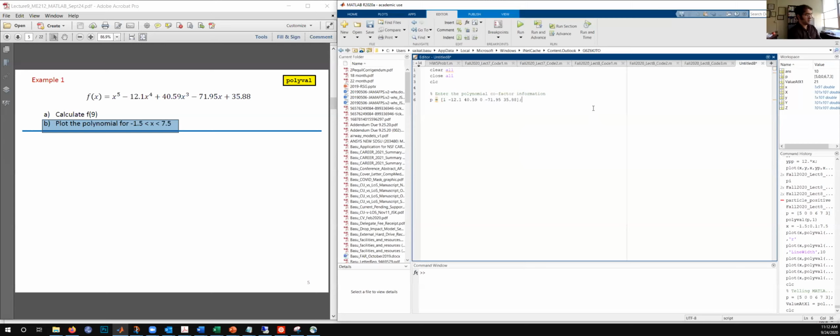So this sets up the polynomial. The next step for us is to figure out what is the value of f9. So calculate the polynomial for x is equal to 9. So let that output be called f9. What would be the command for that?